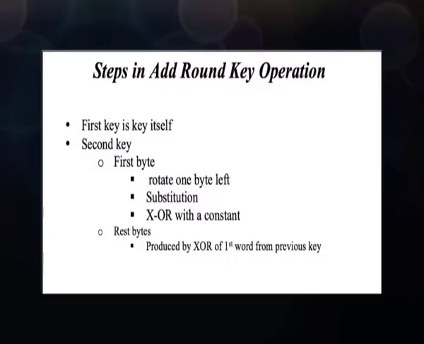The first word is rotated 1 byte left, then transformed by the substitution of the byte substitution step, then exclusive ORed with a constant. The rest of the words in that subkey are produced by the exclusive OR of the first word with the corresponding word from the previous key.